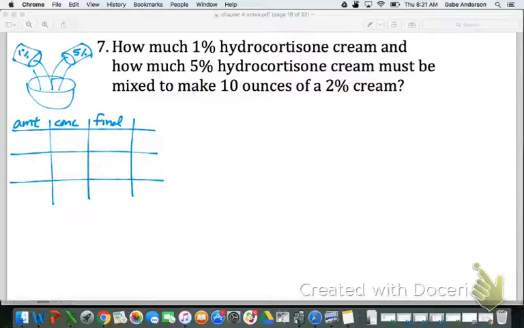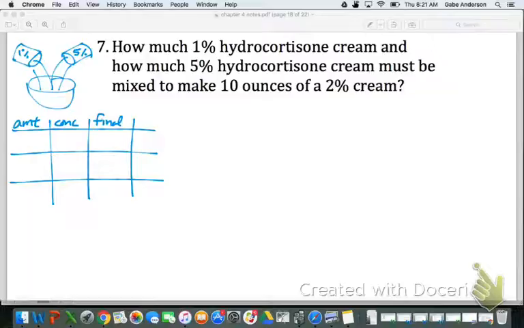Amount, concentration, and final. So concentration speaks to the percent, right? It's 1% cream or 5% or 2%. Those are the concentration levels. Okay. So let's go ahead and fill in some of the stuff we've got in the chart here.